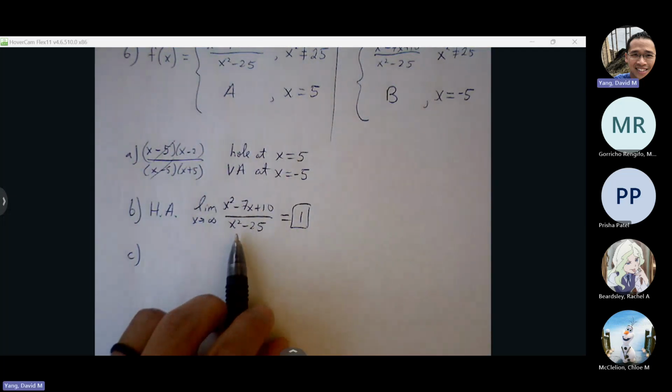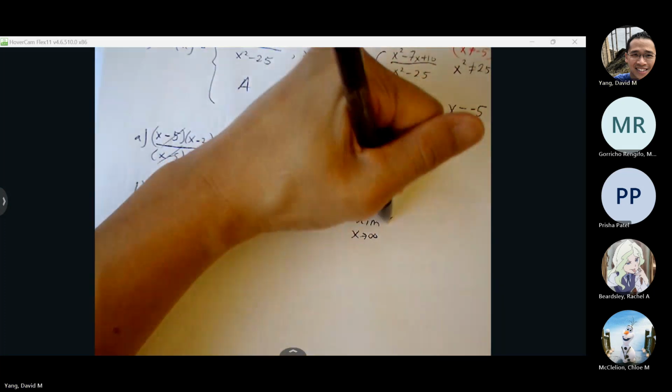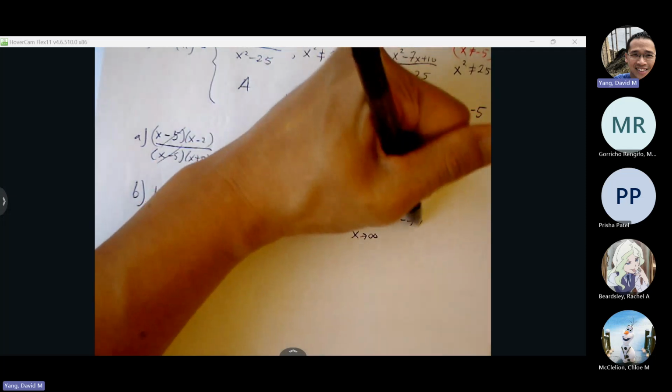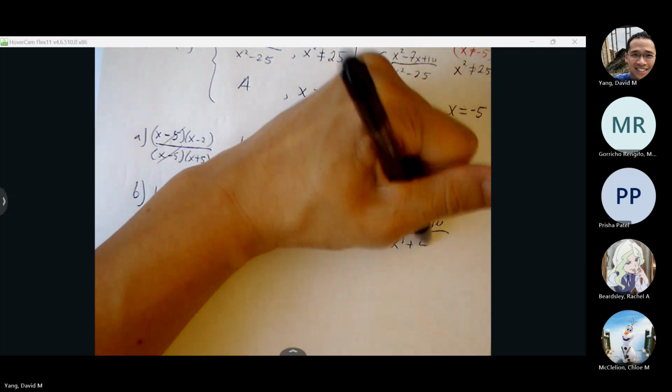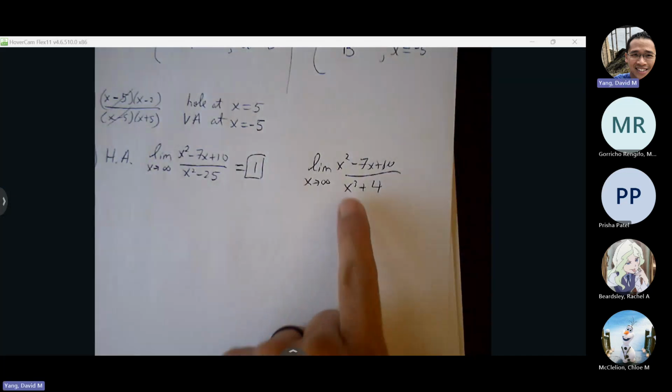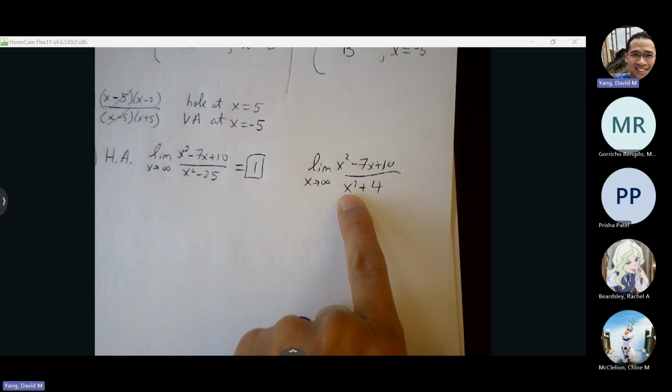Right. If the denominator is higher, guess what's going to happen? Let's do that one. We haven't done as many of those. Let's say it was this scenario. Approaching infinity, compare degrees, my denominator is higher. Therefore, my limit is what? Yeah, this is the easiest scenario here.